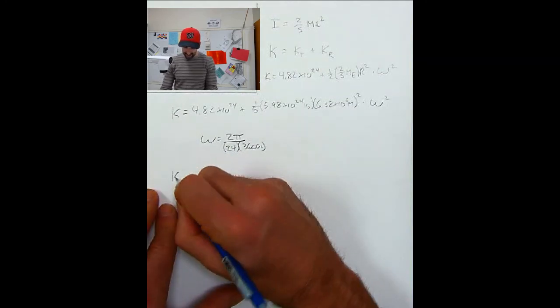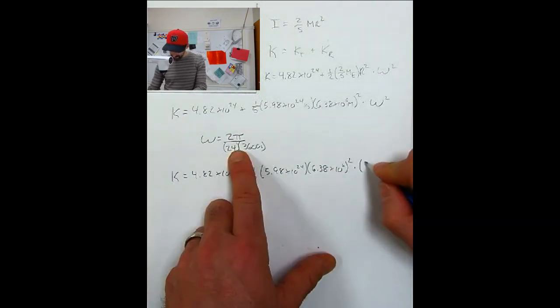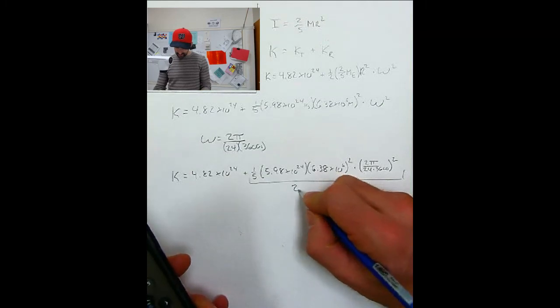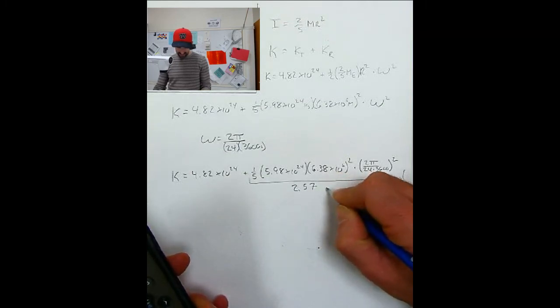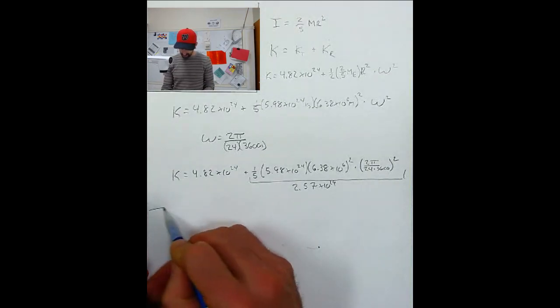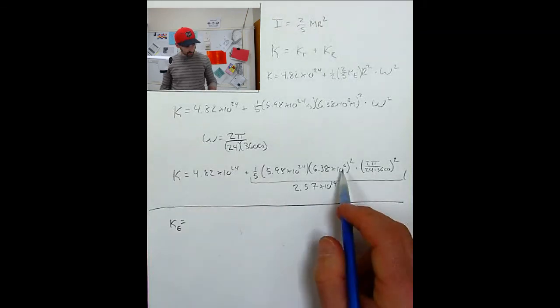So now I have a K equal to, this looks like it comes out to 2.57 times 10 to the 29th. I do think I made a mistake. I'm going to recalculate this whole thing. So let's see.